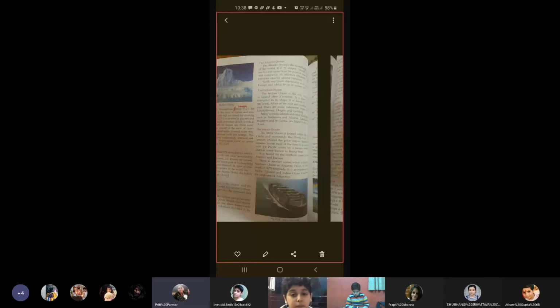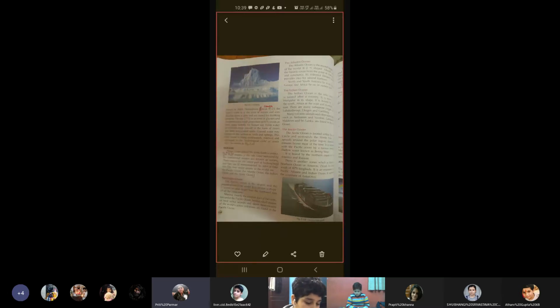So the southern hemisphere is also known as water hemisphere because most of the continents are in the northern hemisphere, and most of the oceans and seas are in the southern hemisphere.